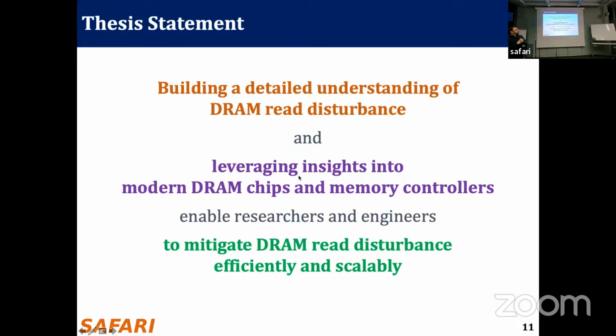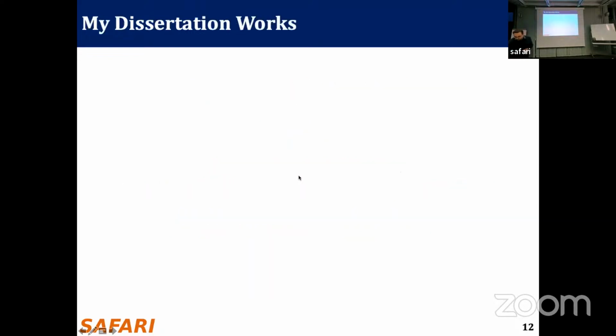All my works in this thesis are oriented around this statement: building a detailed understanding of DRAM read disturbance and leveraging insights into DRAM chips and memory controllers enable us to mitigate DRAM read disturbance efficiently and scalably. We will focus on the first part today, building a detailed understanding of DRAM read disturbance, and we will focus on leveraging insights into DRAM chips and memory controllers in the next talk.